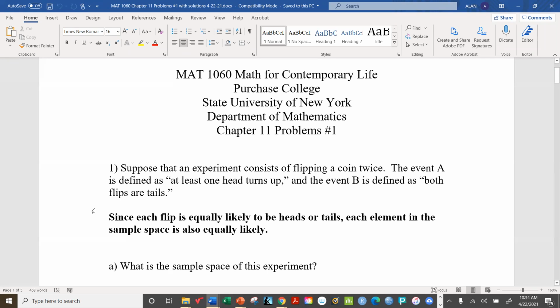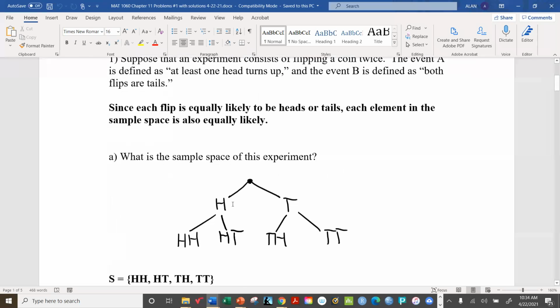Now, the first thing we always want to do in these cases is identify the sample space. If you don't get this part right, all the questions will be wrong. So we have to be very careful here. Luckily, this is a very simple case, and you can probably imagine what it looks like. But what I've done here is I've drawn this little tree, a binary tree it's called. And so the idea is that at each of these points, we flip the coin, and one of two things can happen.